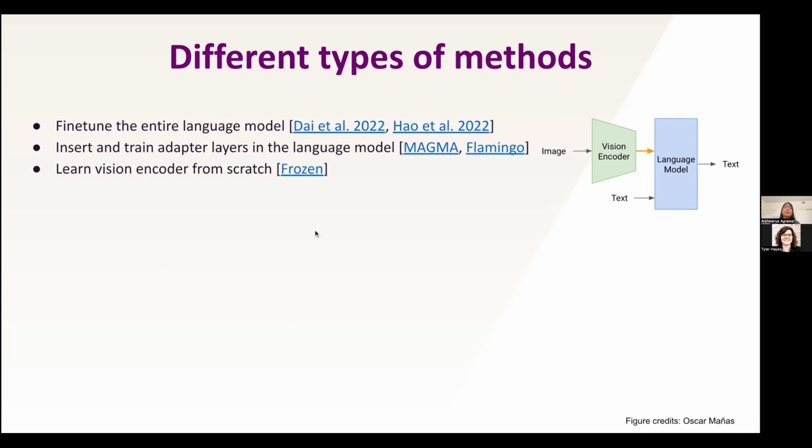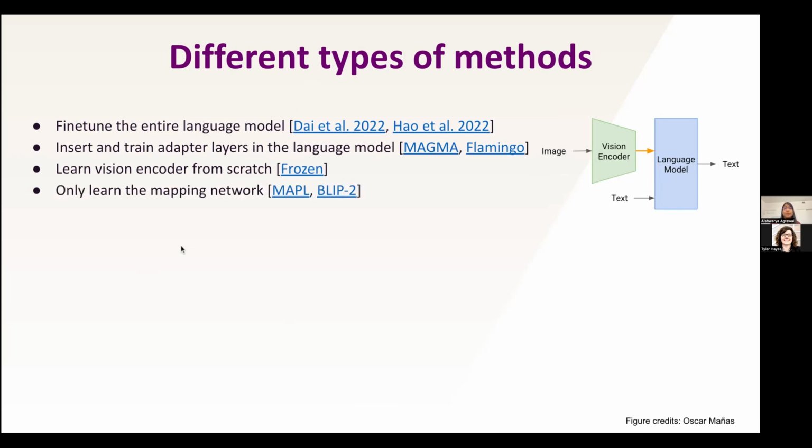There was this paper Frozen that came out very early on. What they tried to do is initialize the vision encoder from scratch and then learn to adapt the vision encoder to the input space of the language model, right? So here we're not touching the language model. The language model is frozen, hence the name of the paper, Frozen. And then we are just adapting the visual encoder to suit the language model.